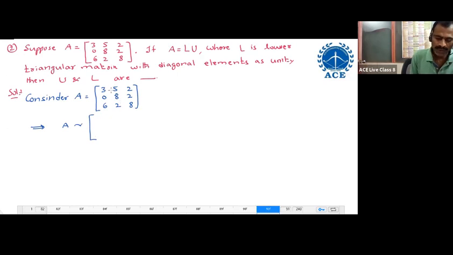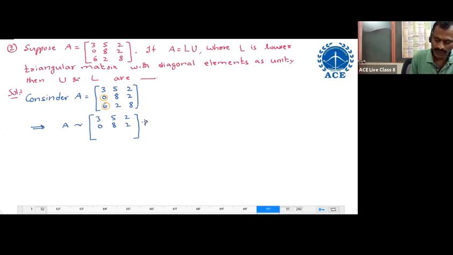According to upper triangular matrix, the elements below the diagonal should be zeros. That is, first of all, these two should be zeros. It is already 0. We have to make this one 0. The operation will be, 3, 5, 2, 0, 8, 2. Just we have to make this 0 only.